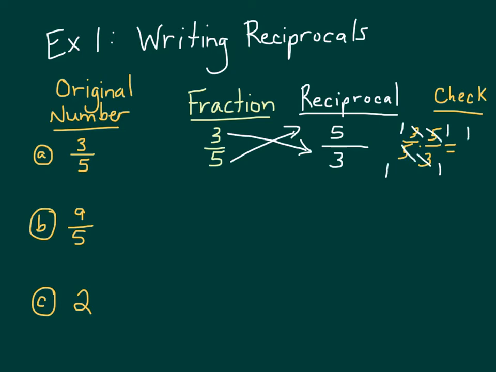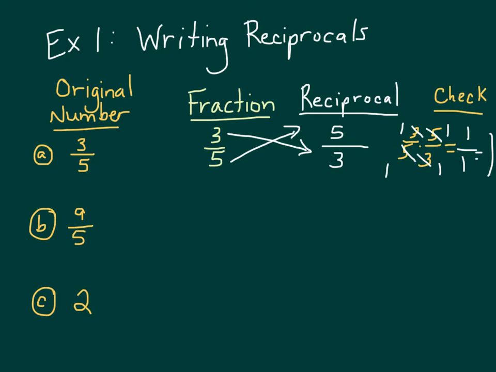You would end up with 1 times 1 and then 1 times 1, which is the same thing as just 1. And like I said, you won't have to do this every single time, but it's just to get in the hang of making sure you're writing reciprocals correctly.